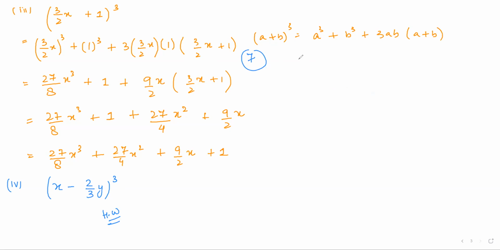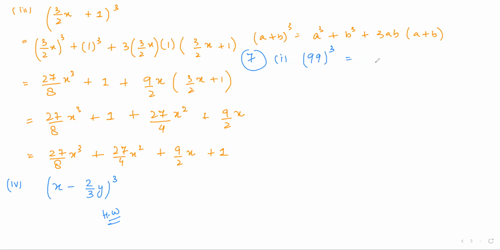Evaluate the following using suitable identities. So the first part is this. 99 whole cube, right? Again, you can just bring it down to something like 100 and something in that form.